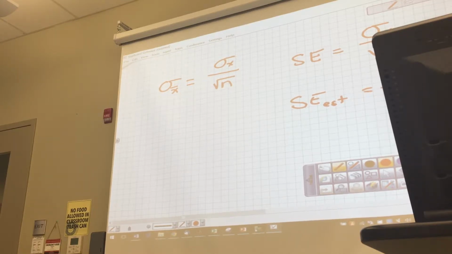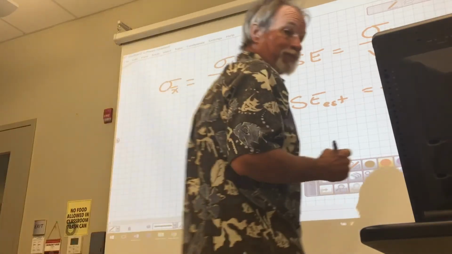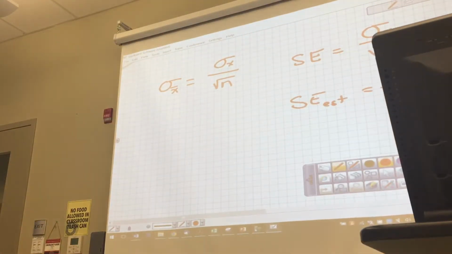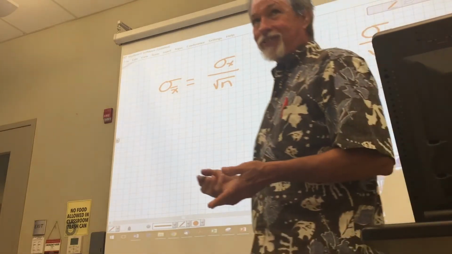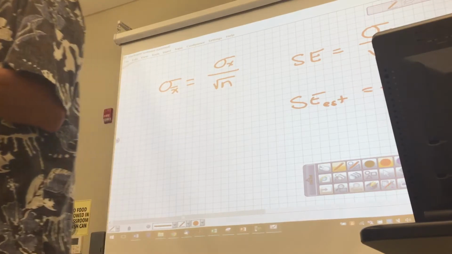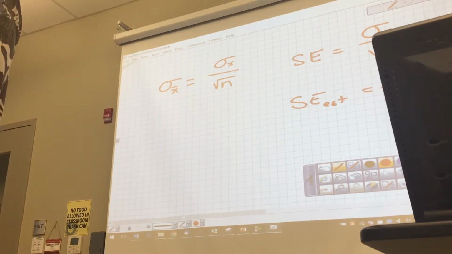So the only difference in that formula is that if we don't know the standard deviation, we have to figure out something to use in place of it. So we're going to opt to use the standard deviation of the sample.